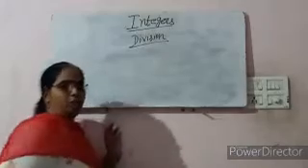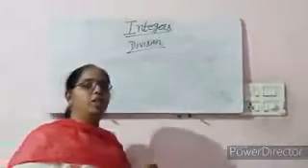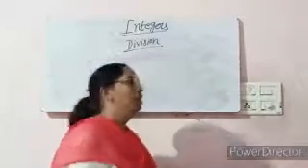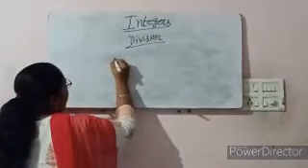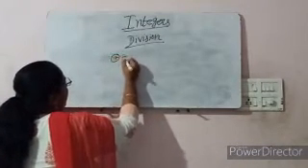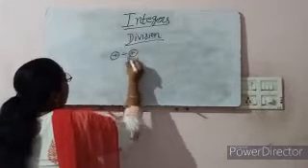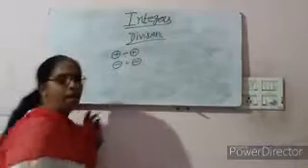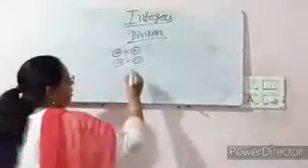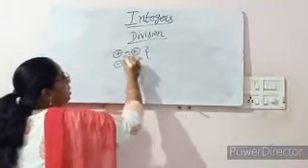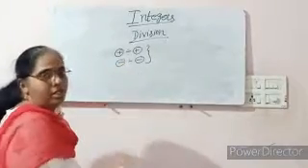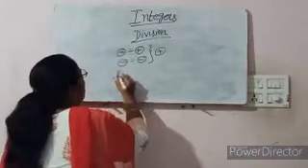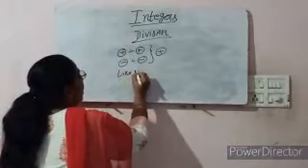Division also works as in multiplication, with like signs and unlike signs. If there are like signs, plus divided by plus or minus divided by minus, these are like signs. So when you divide two positive integers or two negative integers, the result will be positive.